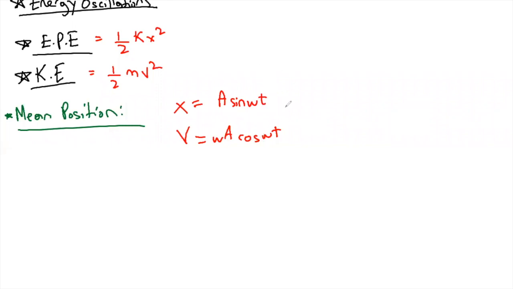Okay, so now we know that we have these two formulas. Let's place these things into this. So let's start for EPE. I know that this is 1 over 2 kx squared. Now I know that x is A sine omega t.